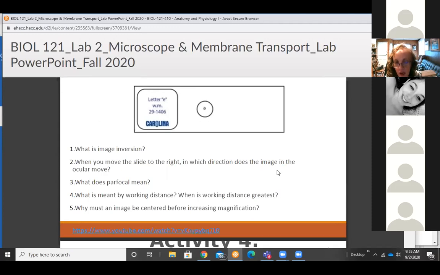What does it mean by working distance? When is the working distance the greatest? Let's put this differently. When is the field of view under the microscope the greatest? When is it the least?